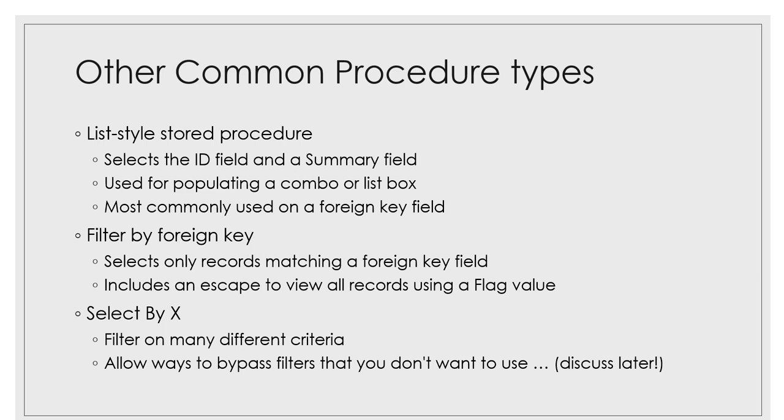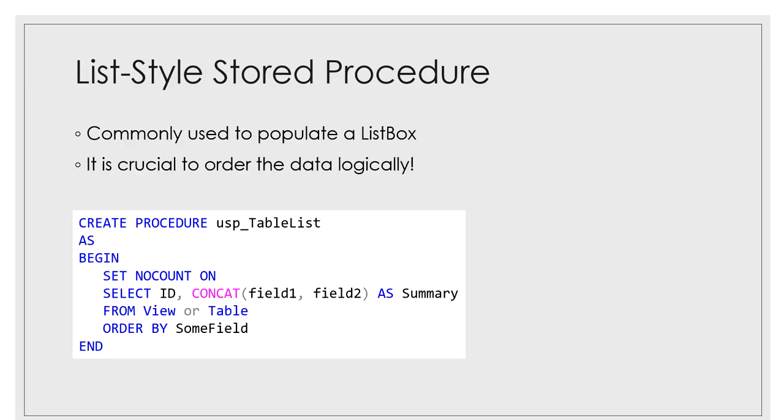Each one has a flag value of some sort, although it's a range of dates. Our trick there is usually to use the maximum and minimum date of the system, because everything will be between that, unless you have specific dates you want to work with otherwise. But we'll talk more about select by X later on.